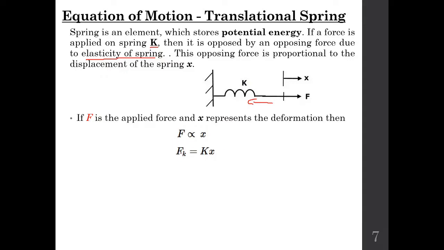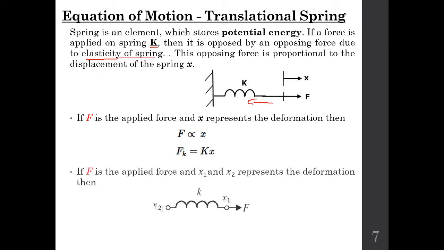Here f of k represents the opposing force applied by the spring. So the more the displacement, the more the force applied by the spring. And if you take a larger spring constant, the opposing force applied by the spring will also be greater.